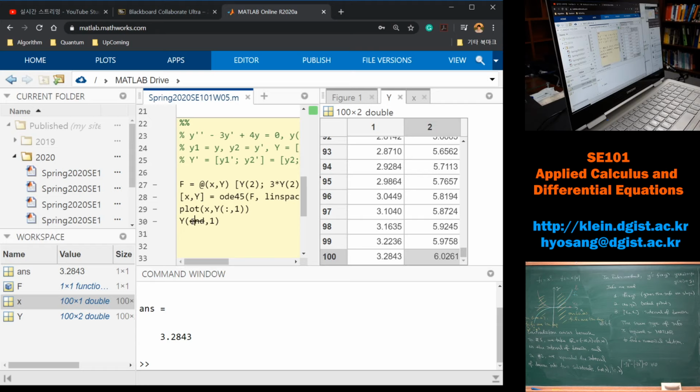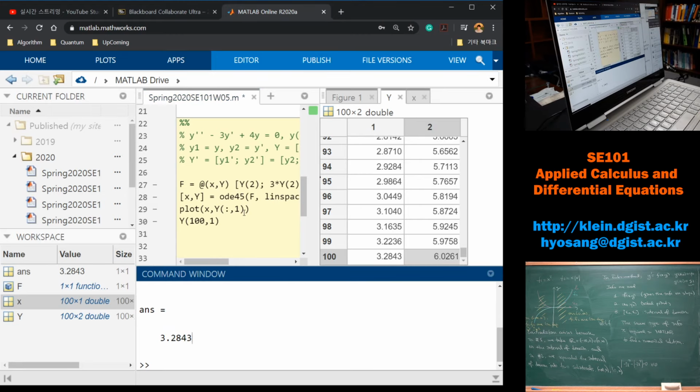So end means I take the end row, and 1 means the first column. So this always works regardless of the size of x. Or if you know the size of x specifically, then just use this 100 column 1 to get the same result.